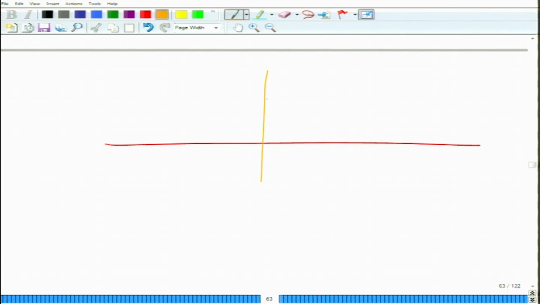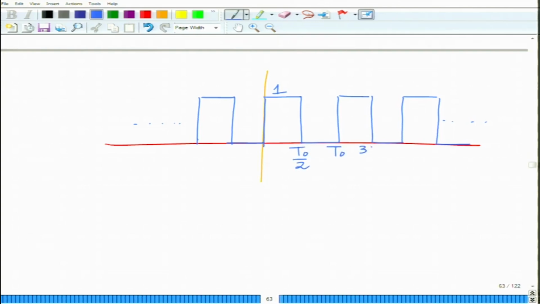What you get is a periodic square wave of height 1, with 0 as the other level, at T naught by 2, T naught, 3 T naught by 2, twice T naught, minus T naught by 2, minus T naught and so on, and this is the periodic square wave that we have seen before.